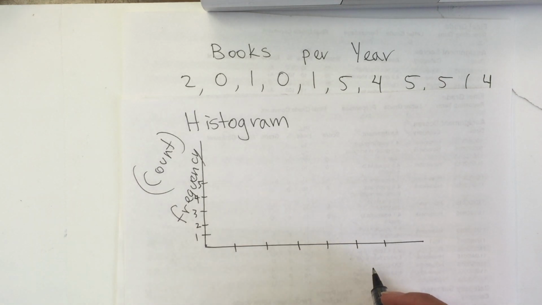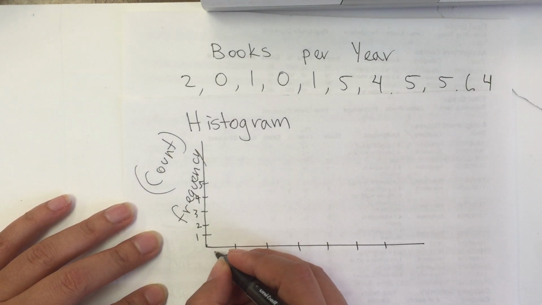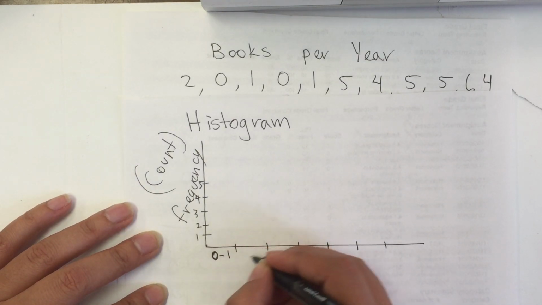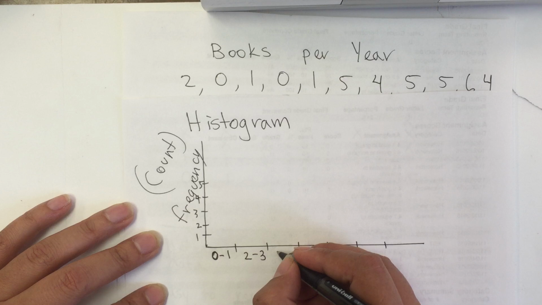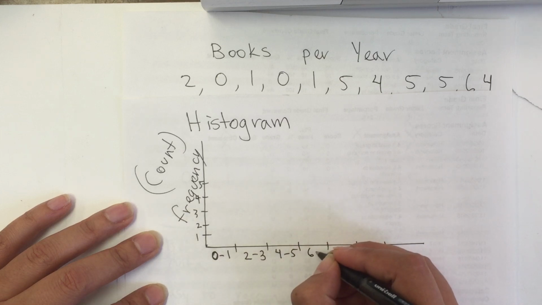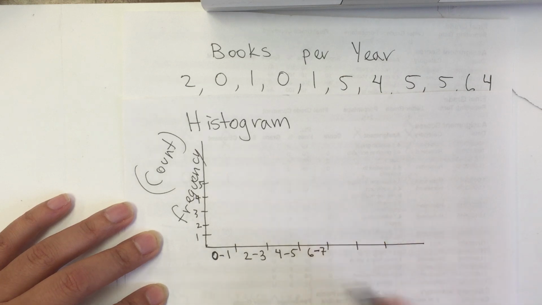That's the only thing. For example, we can say from 0 to 1, from 2 to 3, how many people read from 4 to 5, and then from 6 to 7.